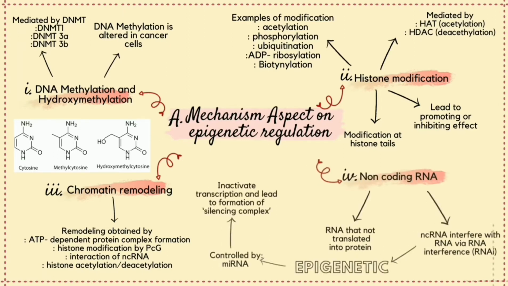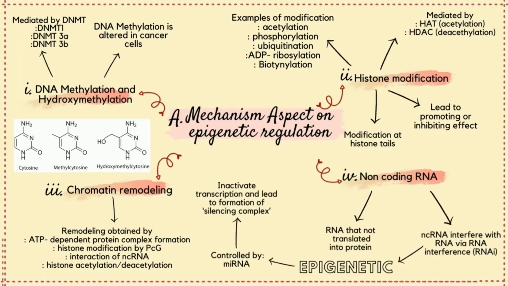The last mechanism which regulates the epigenetic is non-coding RNA. Non-coding RNA is the RNA which is not translated into protein. Generally, non-coding RNA interferes with other RNA, and this mechanism is called RNA interference.